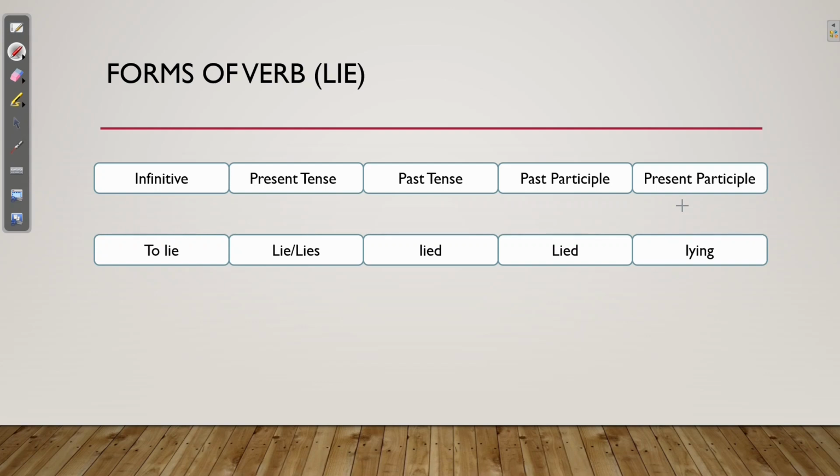But the ing form or the present participle is the same, alright? So it is lying, alright? So don't confuse lying with laying, as I have already told you, okay? So these are its different forms, and depending on the sentences you have to use the different forms of lie or lay or the second lie, alright? So now we will see some examples of this lie so that we can clarify further on it.